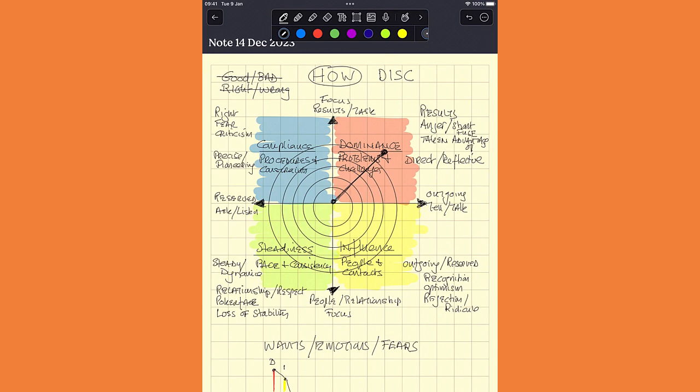These D, I, S and C can blend into each other. So for example, there can be a piece of D and I merged together, and that gives us a particular blend of D and I. Or there can be an I and an S blended together, and that gives us another particular blend. You can go from 4 styles, D, I, S and C, to 8 types, D blended with I blended with S blended with C and C blended with D. You get these 8 types.